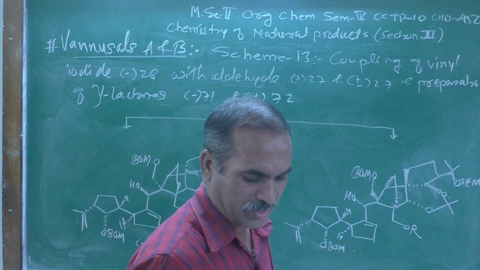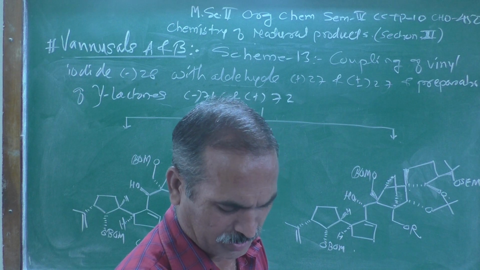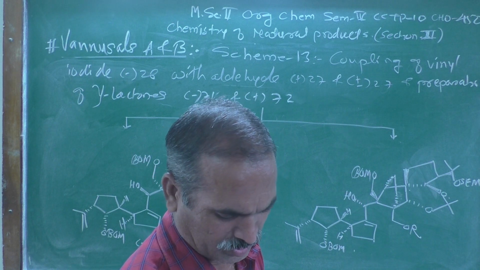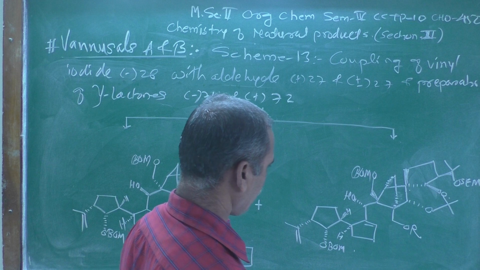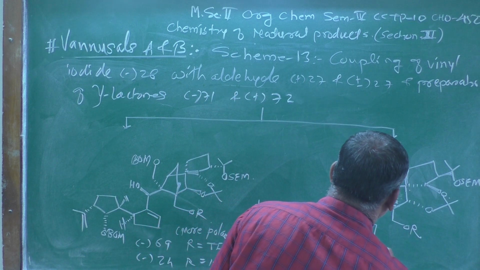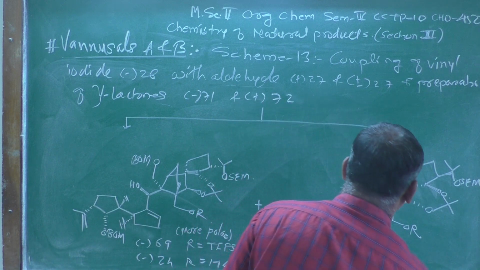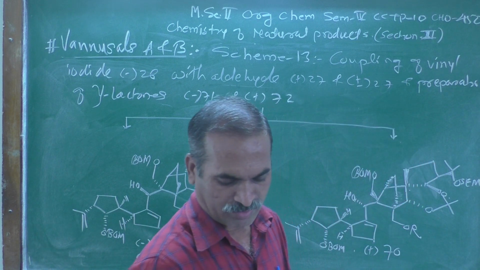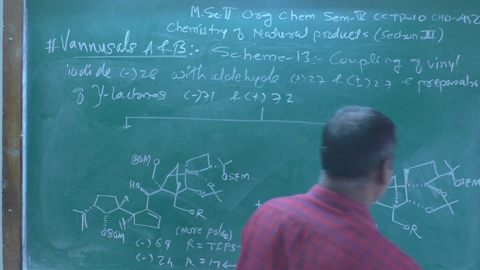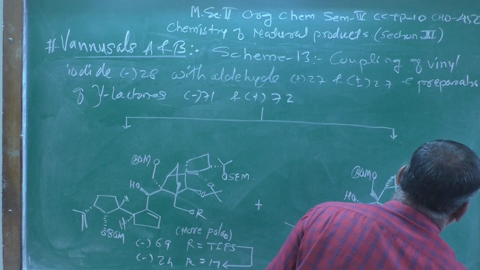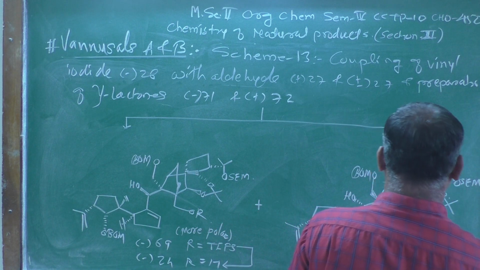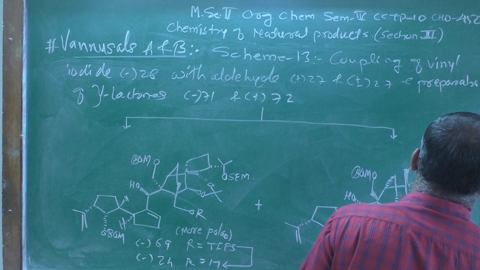Now on this side there will be plus 70 when R is equal to TIPS, and this is a compound which is less polar.